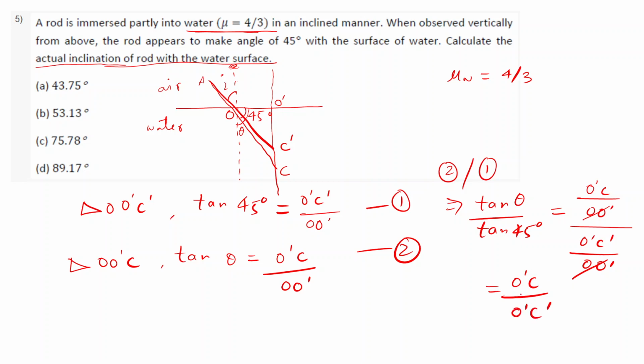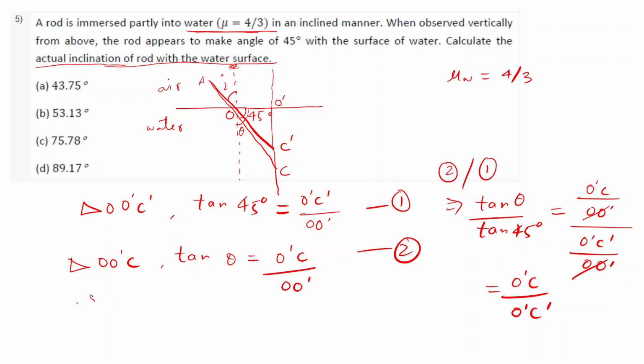Okay. Now, we know that O prime C prime is the apparent depth and O prime C is the actual depth, and these are given as a ratio of refractive indices also.